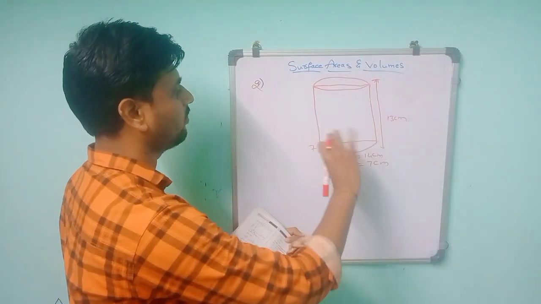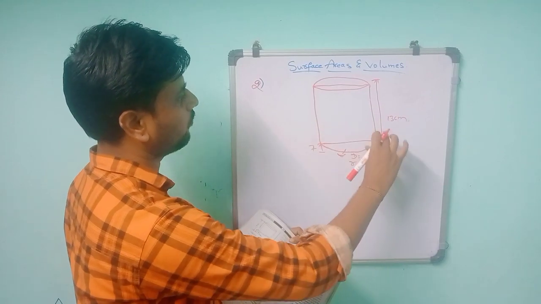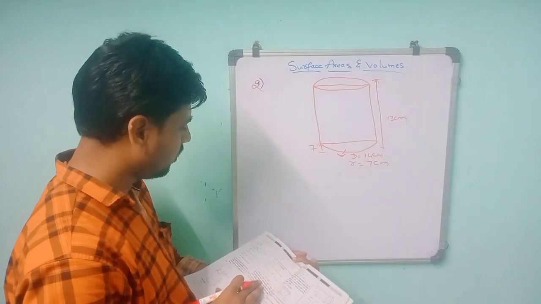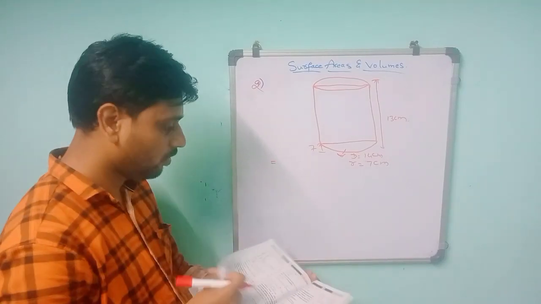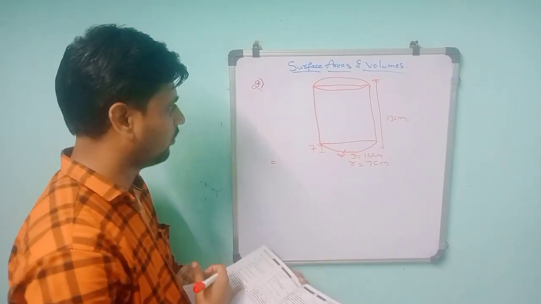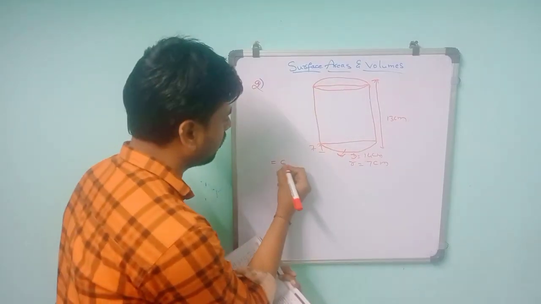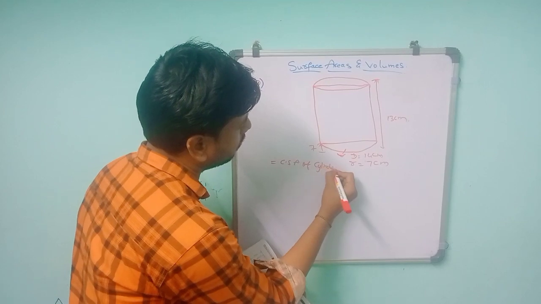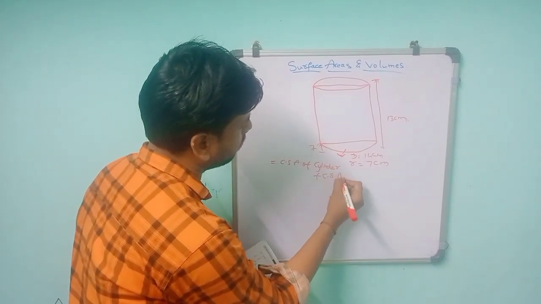This total is 13, and 7 centimeter is the hemisphere part, and the remaining is the cylinder. Then they told you to find the curved surface area of the vessel. So for this one you have to take the curved surface area of the cylinder plus the curved surface area of the hemisphere.